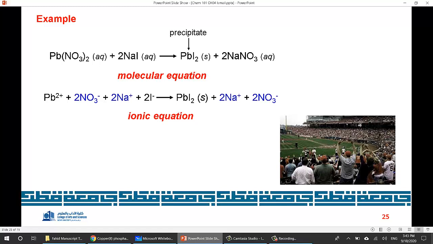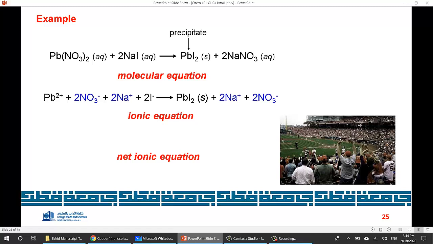NaNO3 dissolves in water, it's aqueous, so we break it down into 2 Na+ and 2 NO3−. Remember that the 2, the prefix before the NaNO3, is multiplied by the sodium and the nitrate. This is called an ionic equation because it contains ions. If you look at this equation, you will find that there are species shared on the left and right. The Na+ appears on the left and also on the right of the equation. This is called the spectator ion, just like the people watching a football game are called spectators.